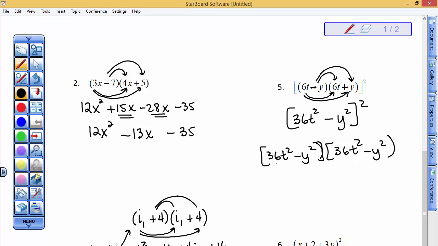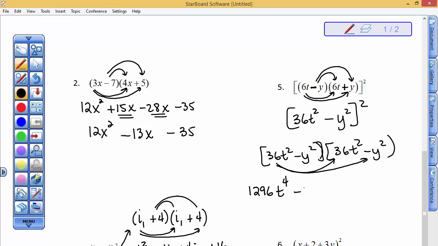I sure do. So 36 times 36 is 1,296, I believe. I sure hope so. And then t squared times t squared is t to the fourth power.